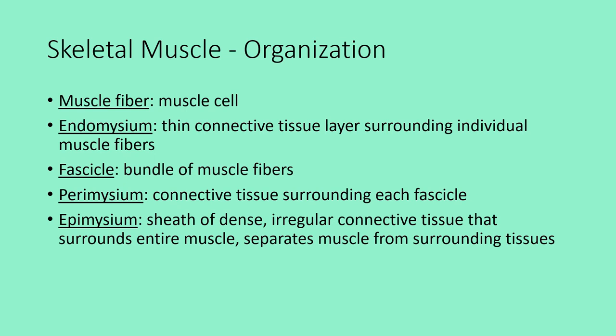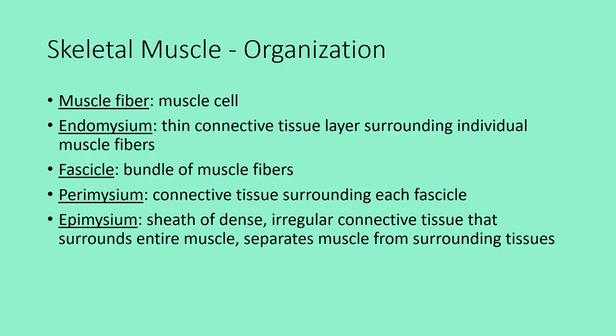There are different layers of connective tissue membrane covering the muscle. The thin connective tissue layer that's going to surround an individual muscle fiber, so around an individual muscle cell, is called the endomysium. When you take several of those muscle fibers and group them into a bundle, that's called a fascicle.